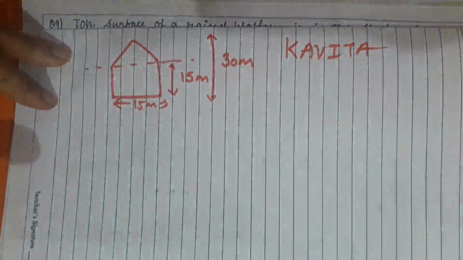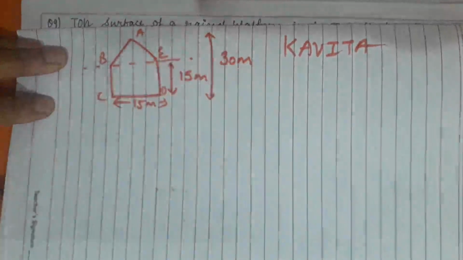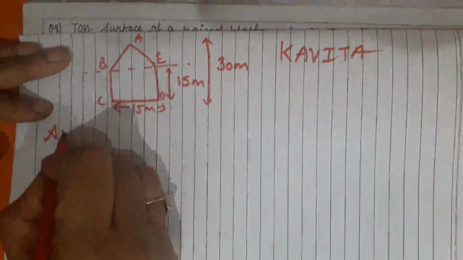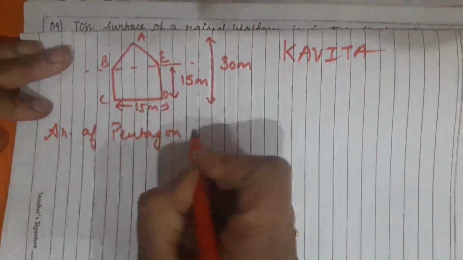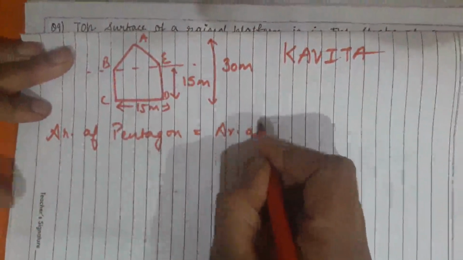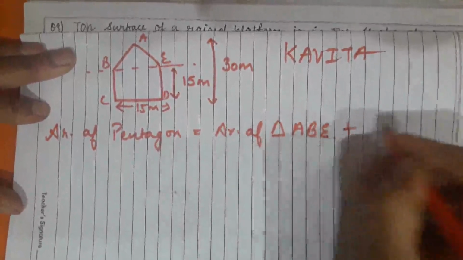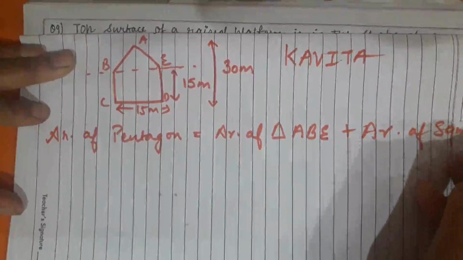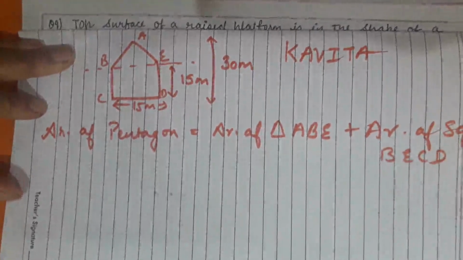Okay, now write down, let's name it A, B, C, D, E. This is the name I have given to the pentagon. Then area of pentagon is equal to area of triangle ABE plus area of square BECD.